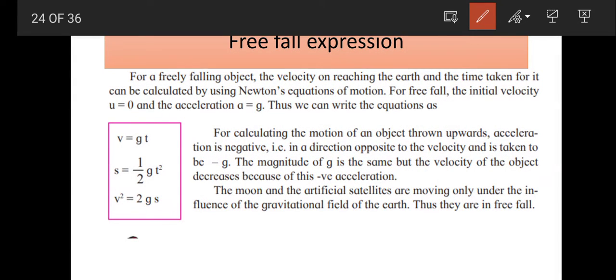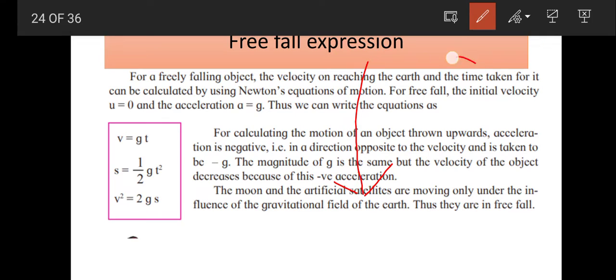Student, if any object is falling on the ground without any other force, that means with the help of only gravitational force it is falling on the ground, and there is no barrier, that time it is a free fall.